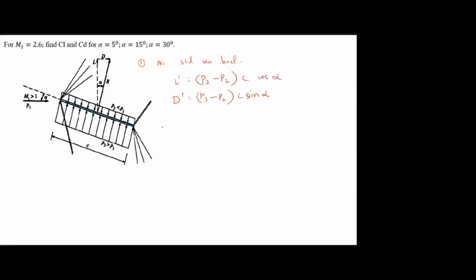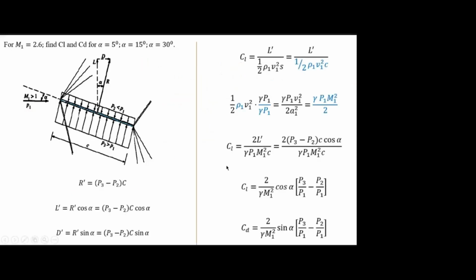Another procedure, the second procedure, is to take the pressure ratios. The same formula I can write in terms of pressure ratio. So this is how I converted. This is the normal formula, initially in terms of P2 and P3.